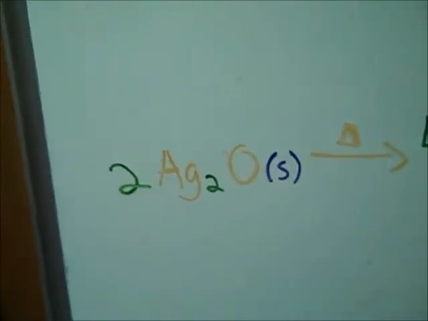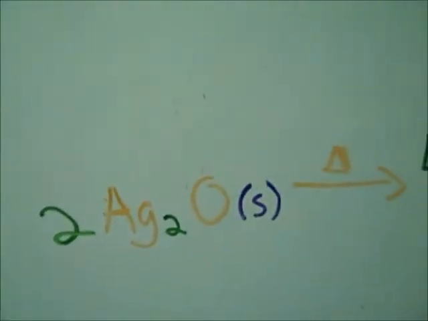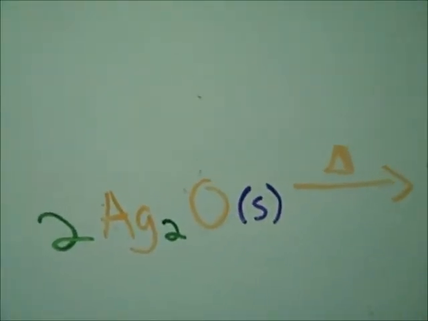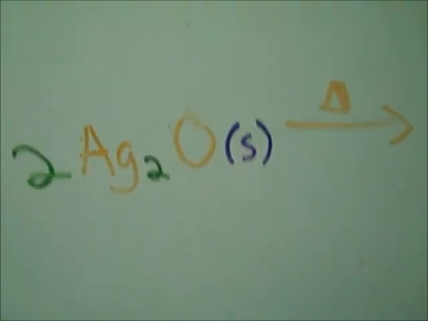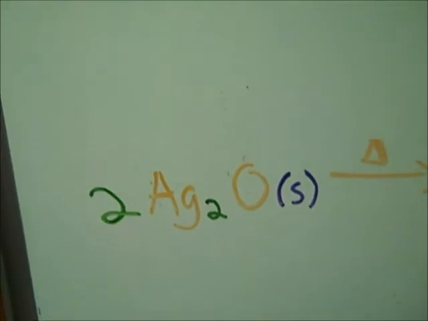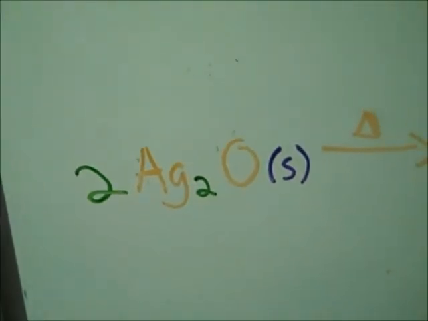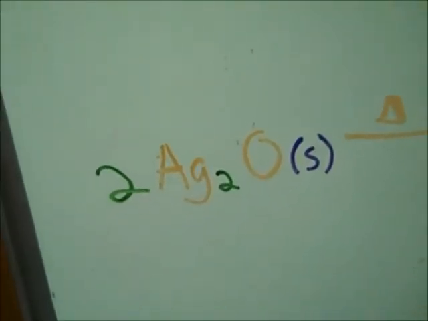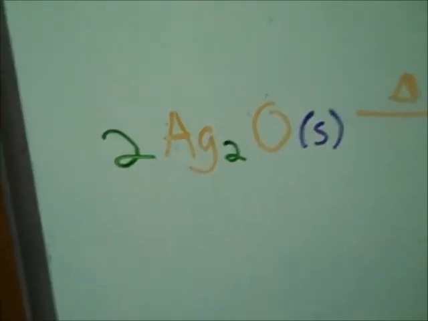Solid silver oxide decomposes with heat into silver metal and oxygen. On the reactant side, it's the compound silver oxide. The S, of course, signifies that it's a solid. And there are 2 molecules of silver.